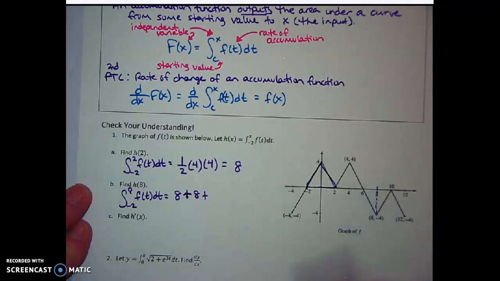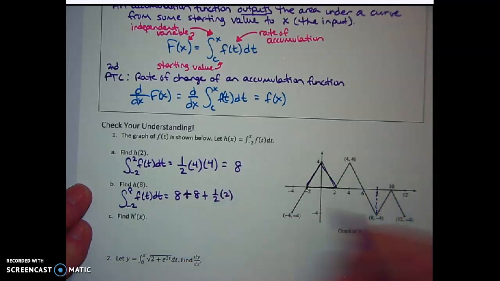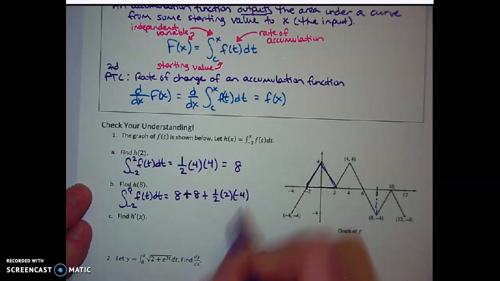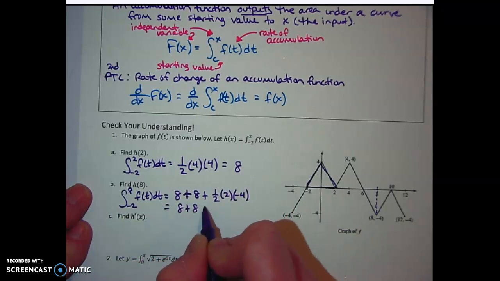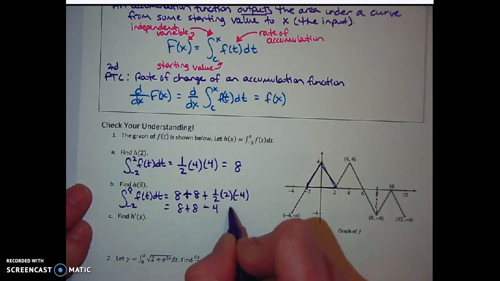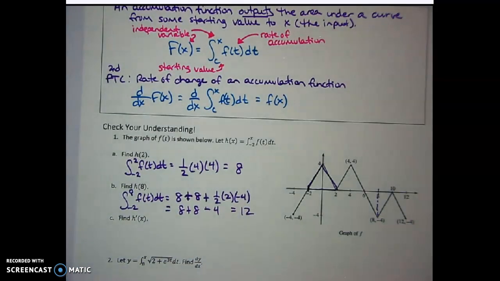Plus now the area of that triangle is 1/2. The base is only 2 units. And the height of that is a negative 4 units. When I do this, I have 8 plus 8 minus 4. So the area of that region is going to be 12 units. Remembering that the area underneath the x-axis is a negative area.